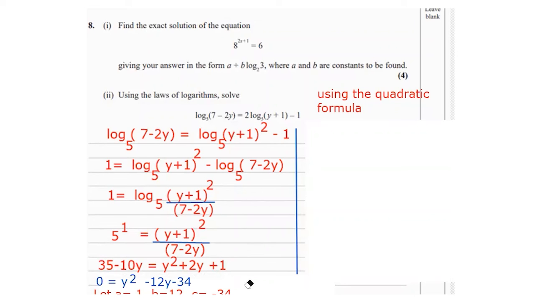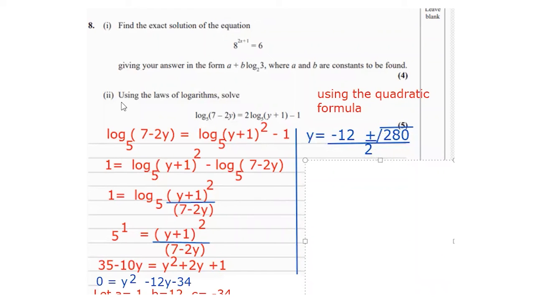So here, using the quadratic formula, we have y is equal to 12 plus or minus square root of 280, divided by 2.